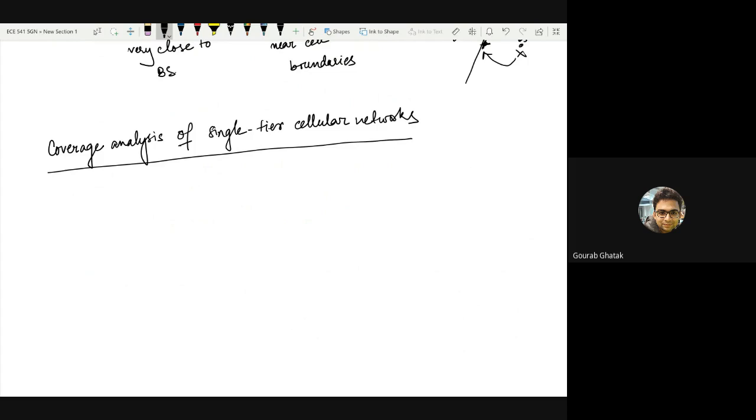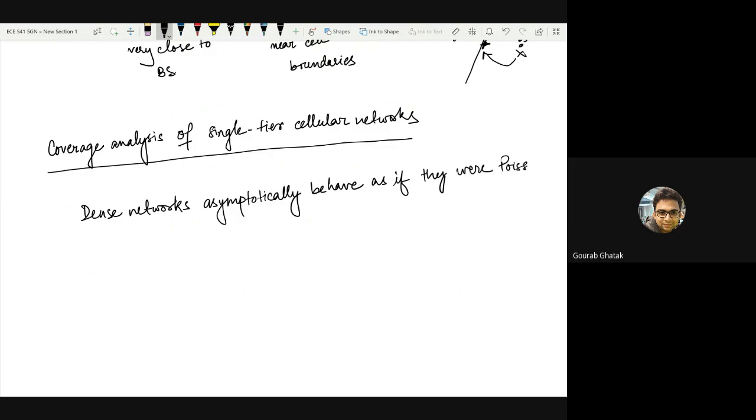It is more than 10 years old now, which says that dense networks asymptotically behave as if they were Poissonian.